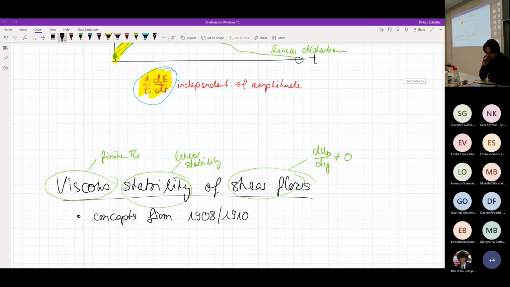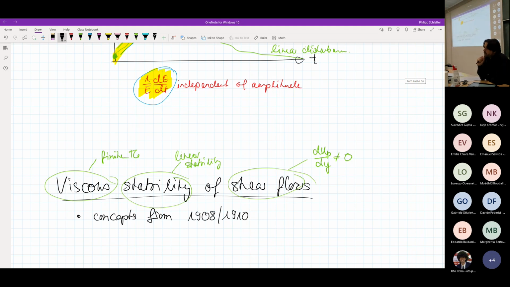Now, it turned out that there was one flow case where this whole idea was used for the first time, and that was the Rayleigh-Benard convection. And it worked extremely well. It predicted the stability fully accurately. In that case it is the Rayleigh number, not the Reynolds number, as the bifurcation parameter, but it doesn't matter really.